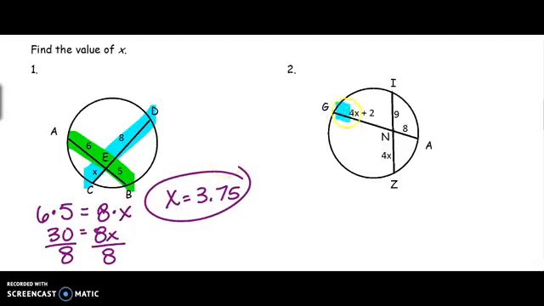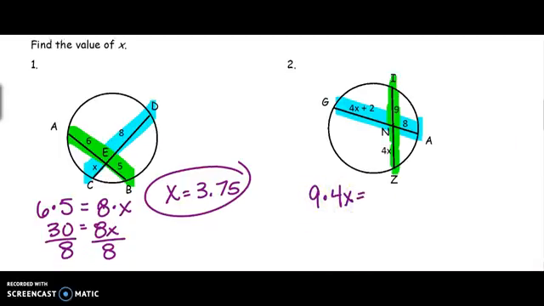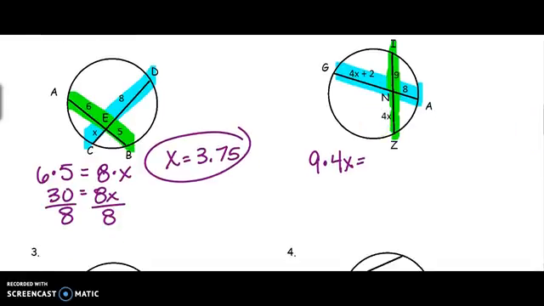If you look at the second one, again, we have our two chords. So if we look at the green chord first, you have two pieces. Part 1 is 9, part 2 is 4x. So we would say 9 times 4x, and that is equal to the blue chord, which since we have more than one term, let's put it in parentheses.